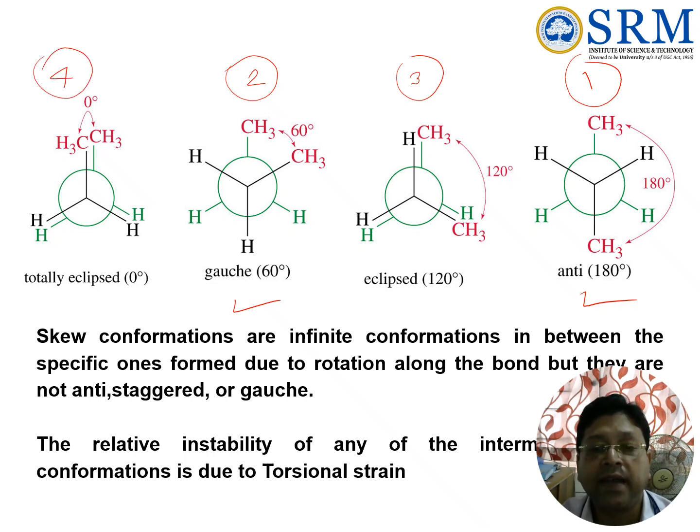That means the dihedral angle is 0°. Here the methyl group is relatively bulky compared to hydrogen. So the methyl interaction, the steric repulsion or steric interaction, is high, and that makes it an unfavored conformation. So least stable is number 4. So this is the order of stability of the conformations.